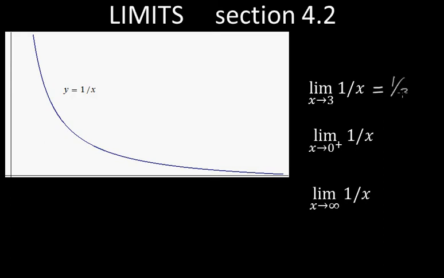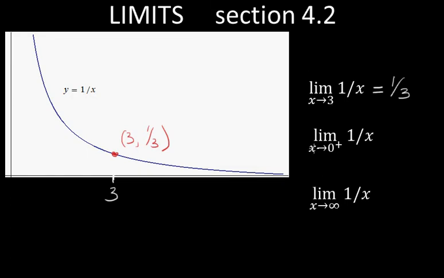It's equal to 1/3. You just plug it in, don't you? Look at the point. Let's say this is x equals 3 right here. And here's the point, 3, 1/3. The function is continuous at x equals 3, so we just plug in x equals 3 to determine the limit.